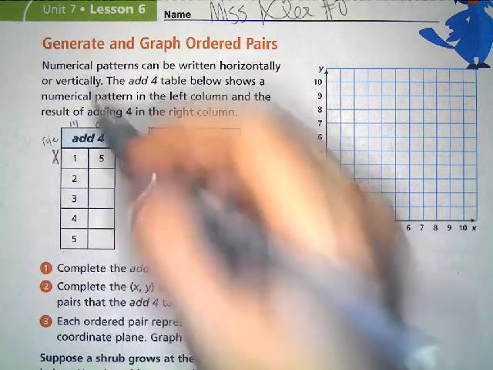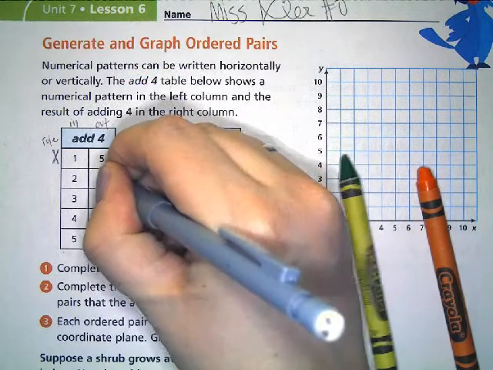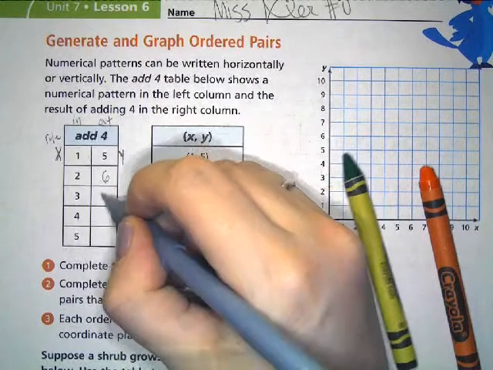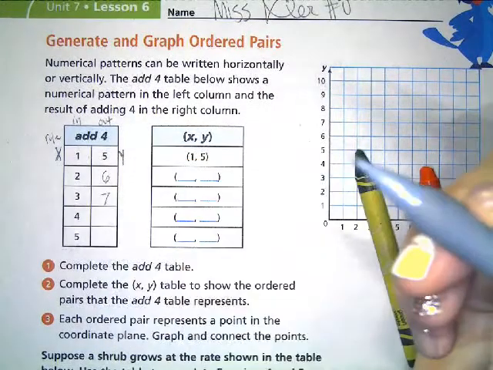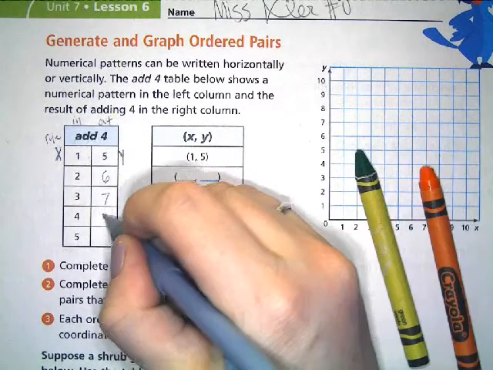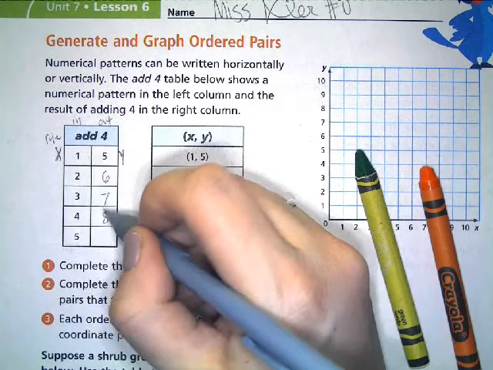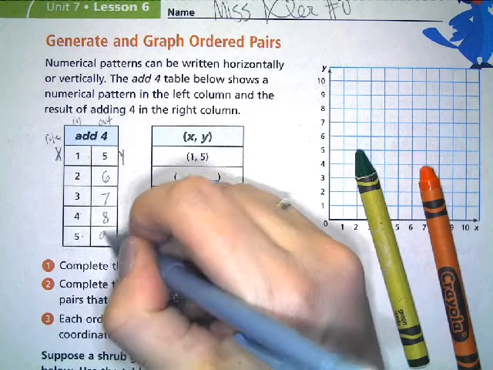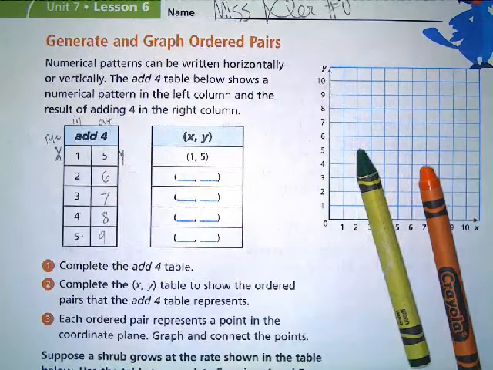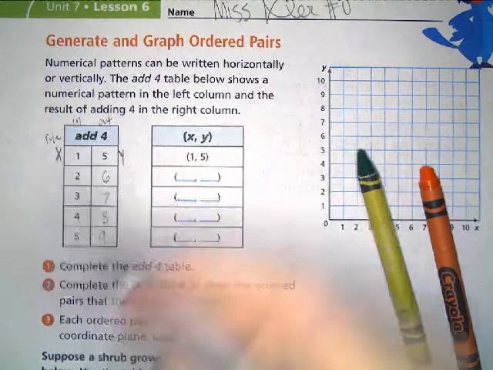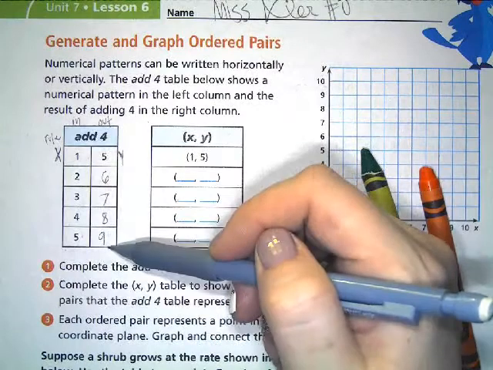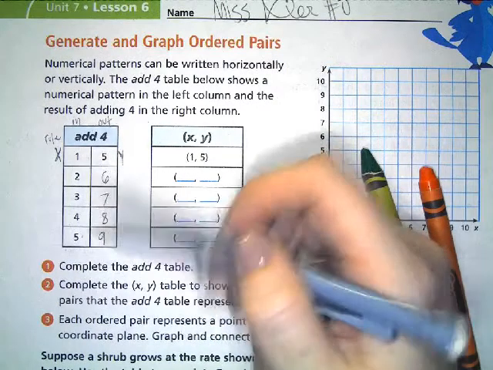So if I'm going to add 4 to 2, I would get out 6. If I'm going to add 4 to 3, I would get out 7. And some of you are finding the pattern here. Okay, so do you see the pattern on the left-hand column and the pattern on the right-hand column now?